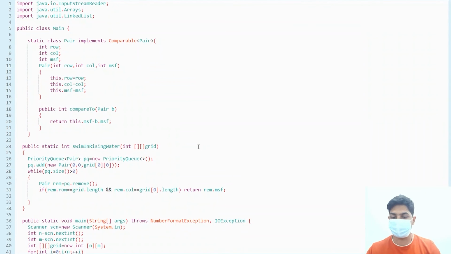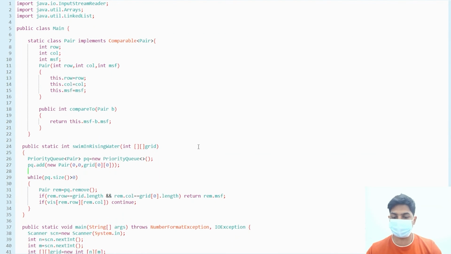4 directions. So we first check if visited of removed dot row and removed dot column is true. If it is visited, it is an already visited node, so we will skip this. For that we need to make a visited array also.